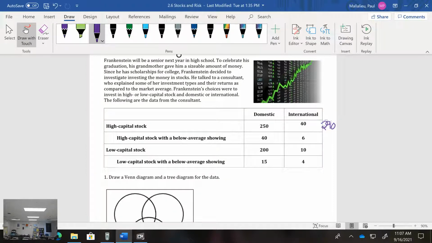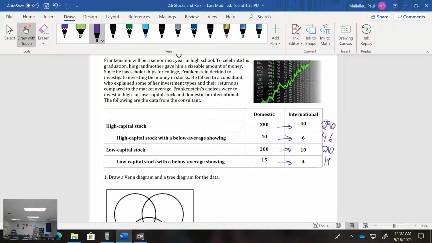For high capital stock with below average showing, we have 40 and 6, that's 46. 210 would be our total here, and then 15 and 4 would be 19. So that's just working our way across to get our totals: 290, 46, 210, and 19.